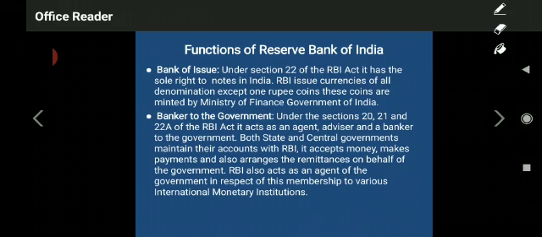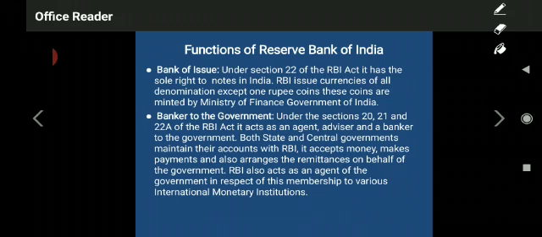Out of this 200 crore rupees, 115 crore rupees is gold and 85 crore rupees is securities. So, 200 crore rupees is to be maintained with RBI for the entire currency exchanges in the country.